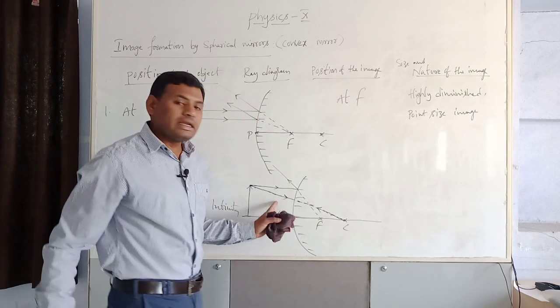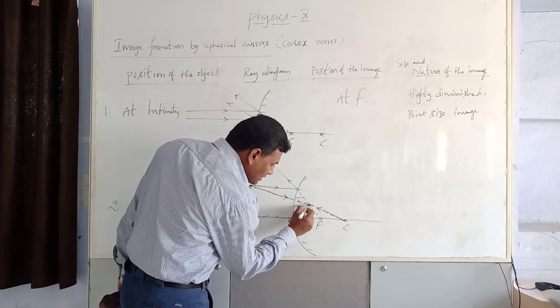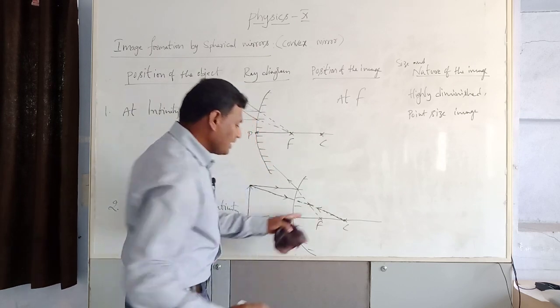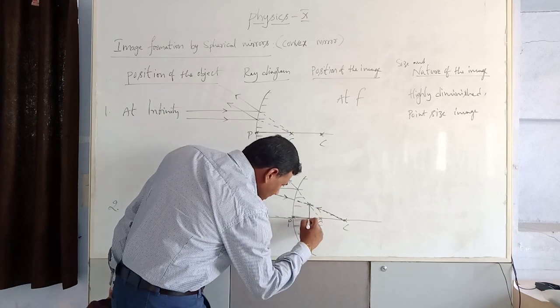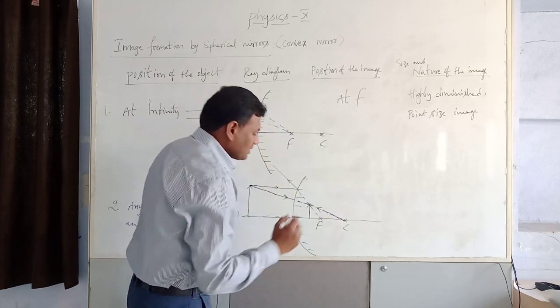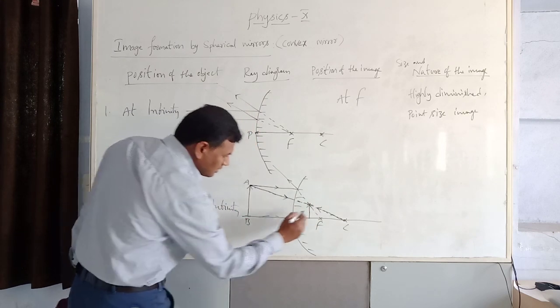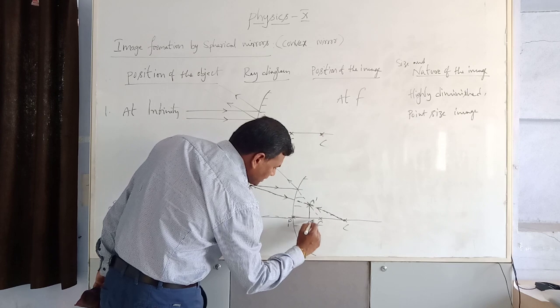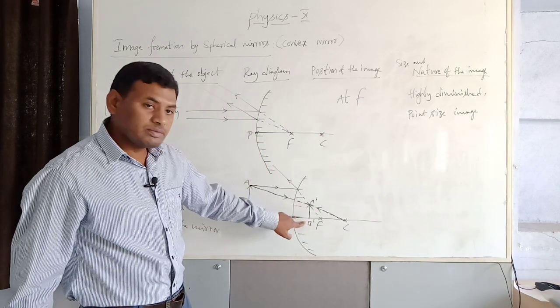As it is incident normally, it comes back along the same path. So the extensions of these two rays intersect at one point, and this point gives us the image. And this will be the size of the image. If we take the object as AB, this will be A dash B dash.